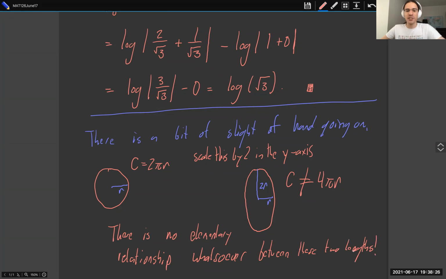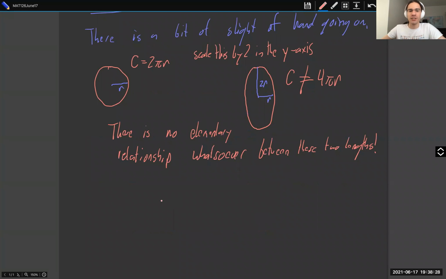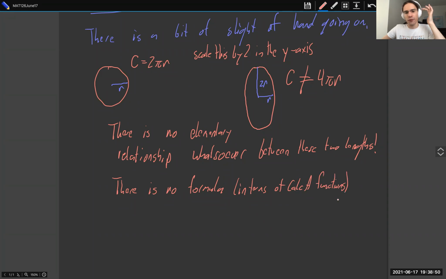So there is actually no formula for the circumference of an ellipse. You can write it as an integral, that counts as a formula, but you can't write it in terms of calculus functions, for the circumference of an ellipse.